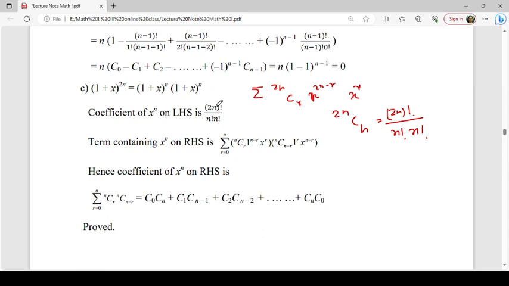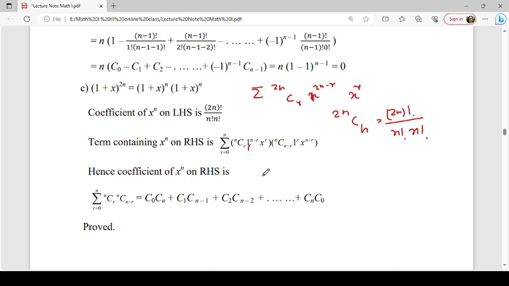this is our product, because our expansion is nCr 1 to the power n minus r, x to the power r, nC(n minus r) 1 to the power r, x to the power n minus r. So when we multiply this, we'll have x to the power r into x to the power n minus r.